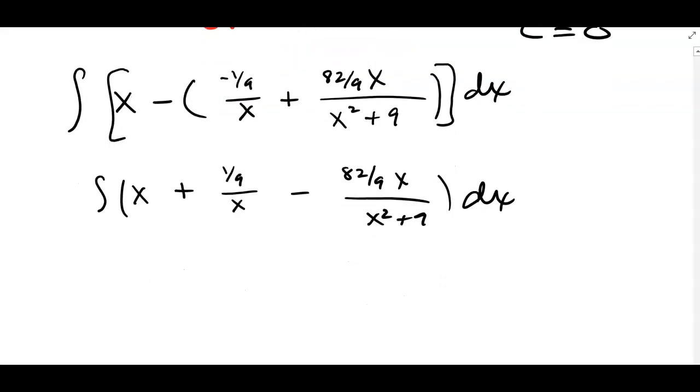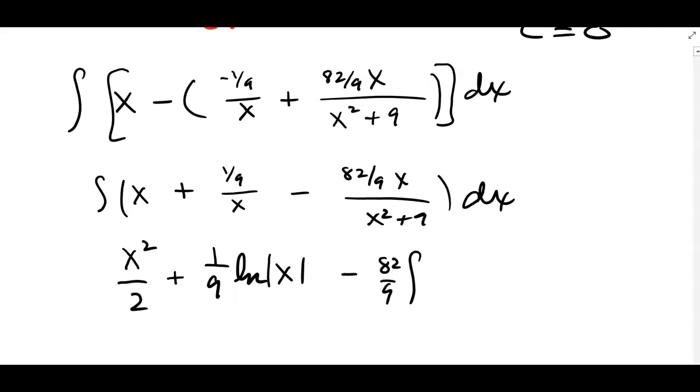All right, we can integrate each of these fairly simply. So the first one is just x squared over 2. The next is, you've seen this pattern by now, 1/9 ln of x. I'm going to integrate this one separately, so I'm going to leave the integral sign. I'm going to pull out the 82/9, so we don't have to deal with that, right? And we have x over x squared plus 9 dx.